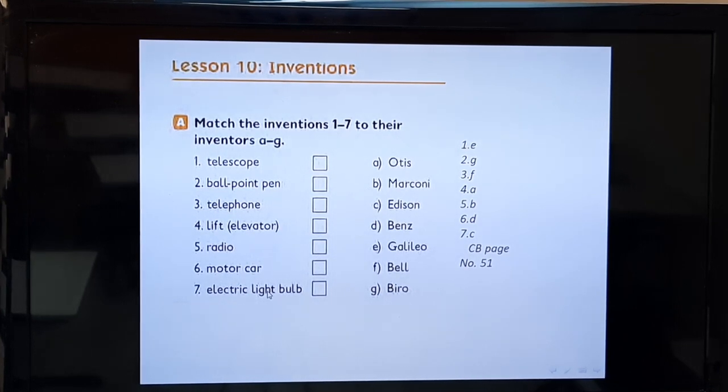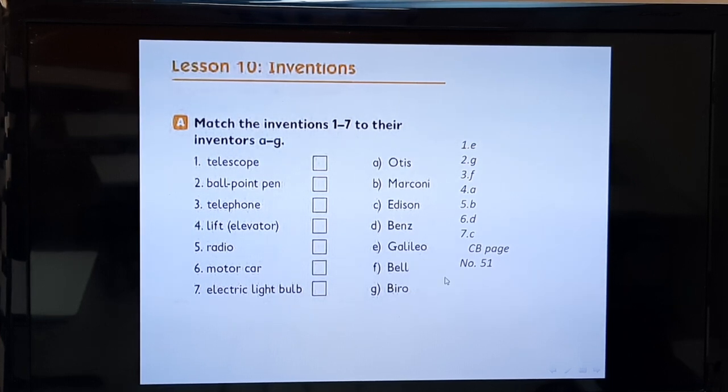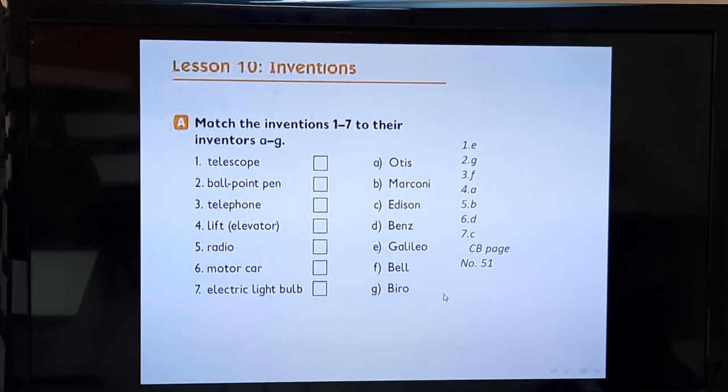Number 7, electric light bulb: C, Edison. So be careful with these inventions and their inventors. This is exercise A in page number 51.